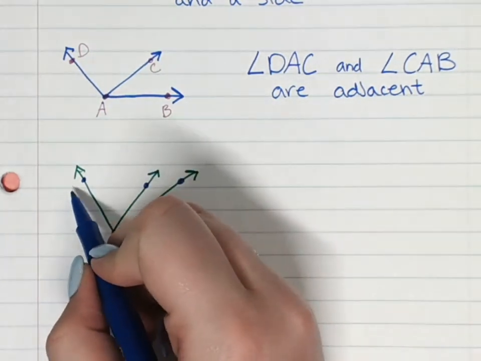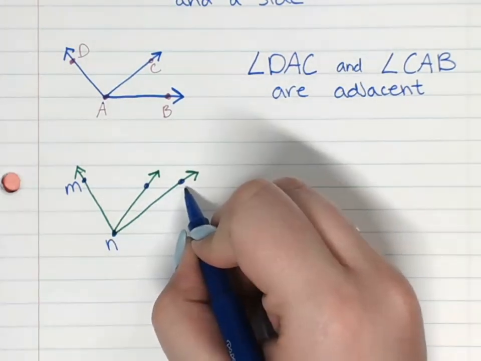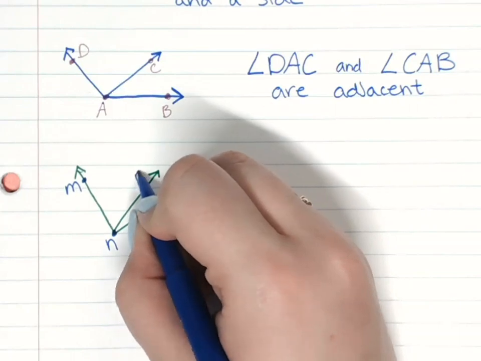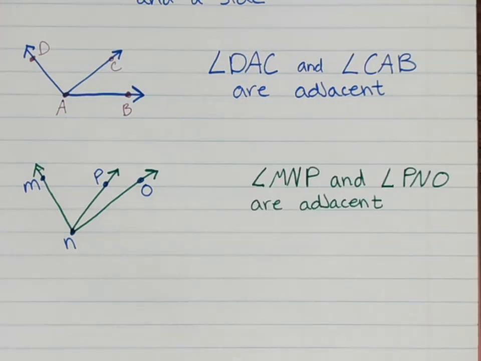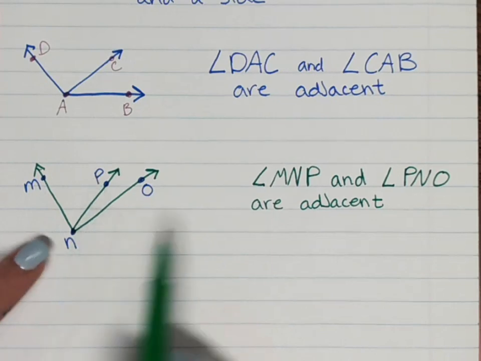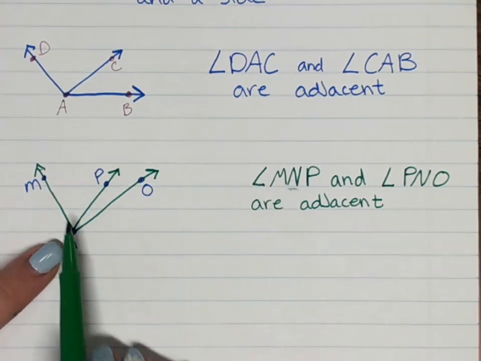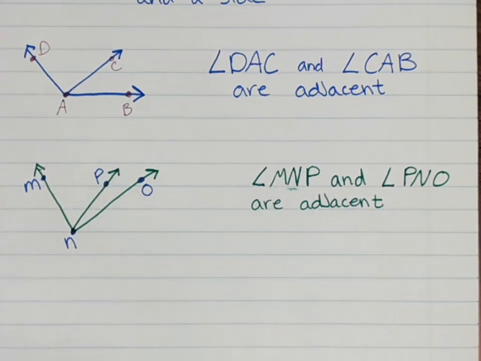So we'll go M, N, O, we'll go P. Okay, so I want you to take a second and identify the adjacent angles. Okay, so angle MNP. So the middle letter is the vertex of this angle. So MNP and PNO are adjacent.